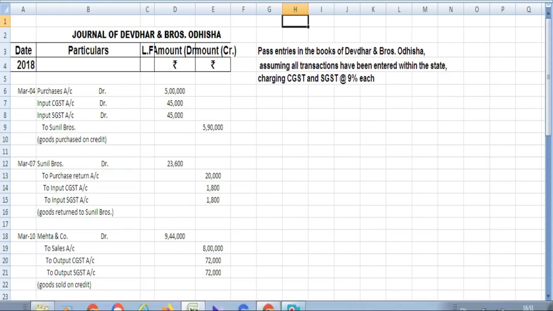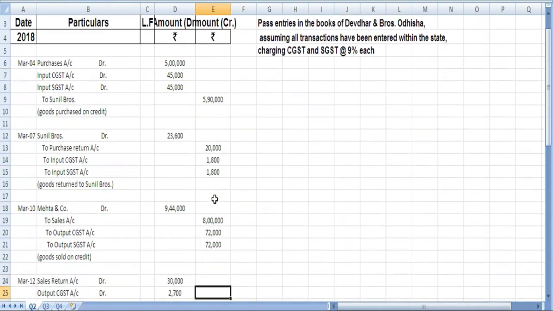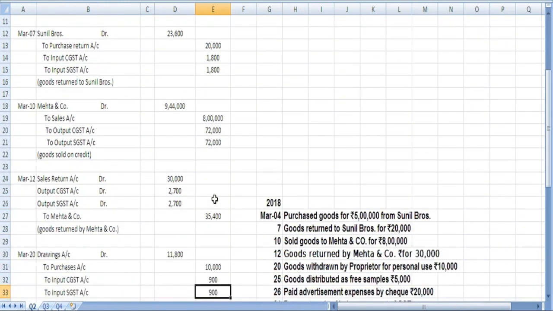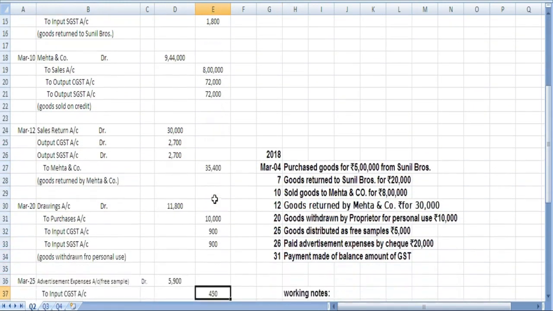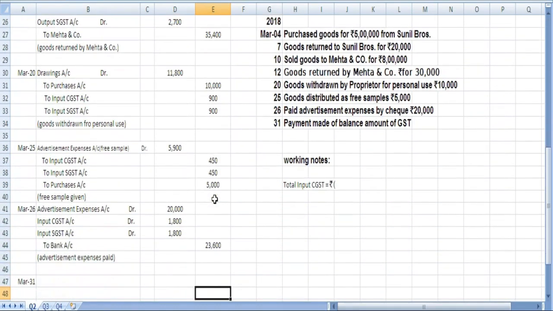So we will first start with all the input CGST. So 45,000, then we have here 1800 will be minused because this is credit. Then again down here, 900 also will be deducted because this is on the credit, and then 1800 will be added, and here again 450 will be deducted.